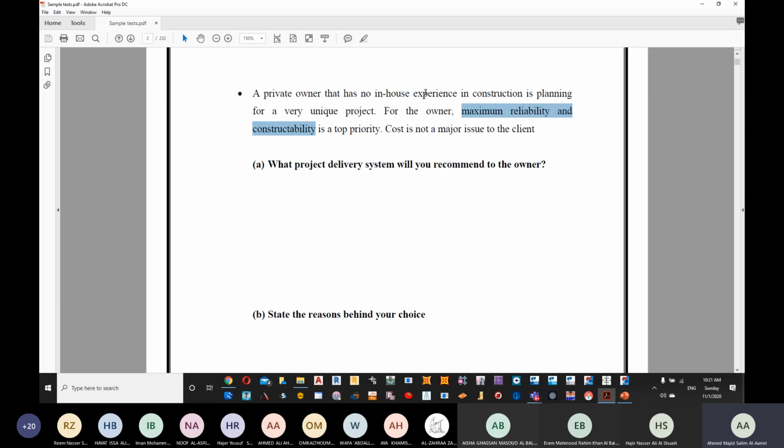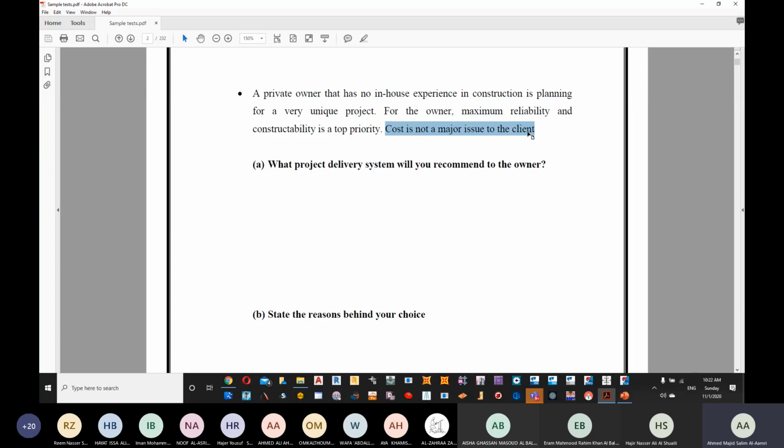The one which will assure you that is the company having both the design and the construction. And then another thing they have given you: cost is not a major issue to the client. So that indicates that the method is very expensive. And according to what we just said in terms of which method is expensive, design, build is going to be the final answer here.